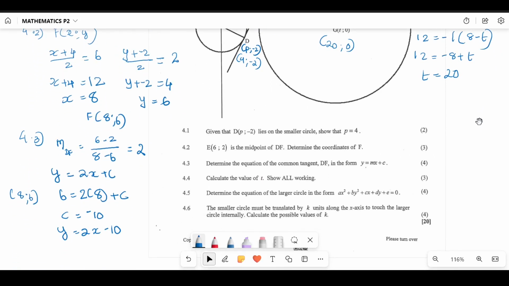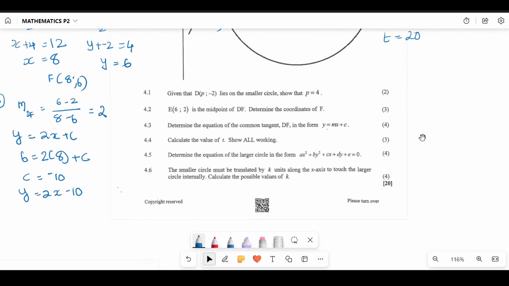Now 4.5, determine the equation of the larger circle in the form ax squared plus by squared plus cx plus dy plus e equals 0. We have the center now, which is (20, 0). If you have the center, you can always write the equation of the circle like this.